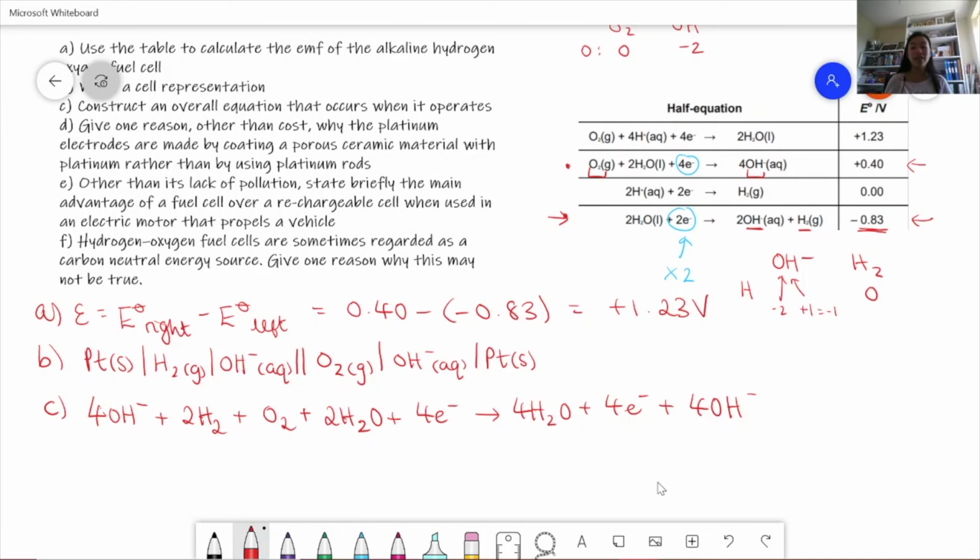And now we can cancel stuff out. So we can cancel this hydroxide ion out, and we can cancel these electrons out, and we can also cancel these 2 waters out and turn this into a 2. And so the overall equation that we have is 2 hydrogens plus an oxygen goes to form two waters.